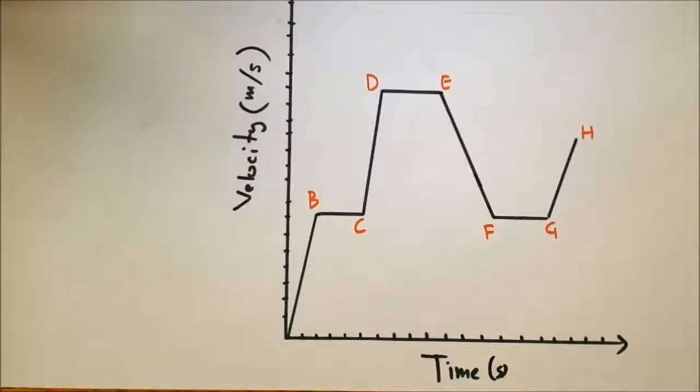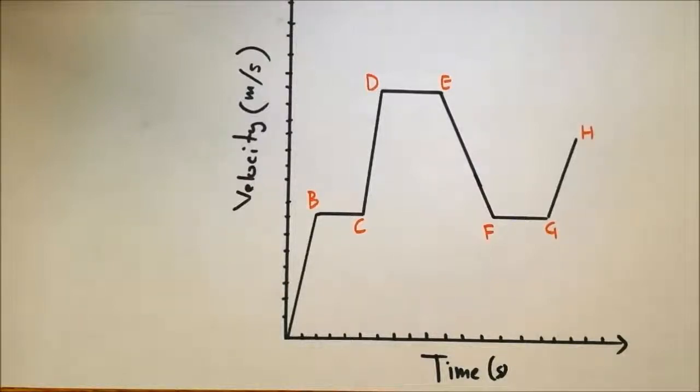So this graph will show us if there is acceleration, deceleration, or no acceleration, depending on the slope. A positive slope gives us acceleration, a negative slope gives us deceleration, or slowing down, and no slope gives us no acceleration at all. So let's look at the graph.